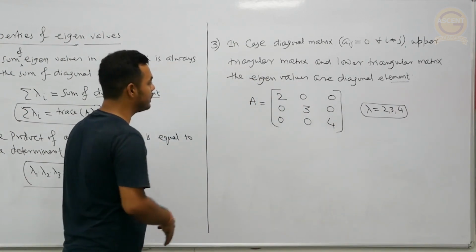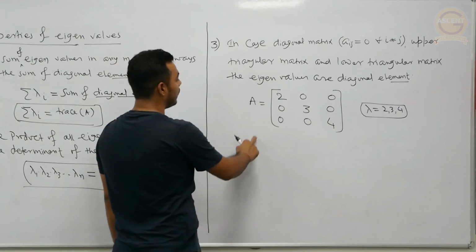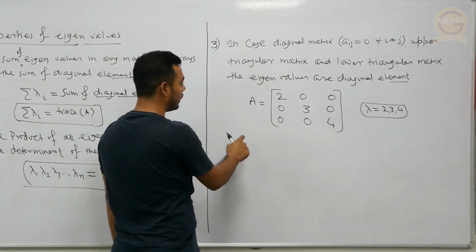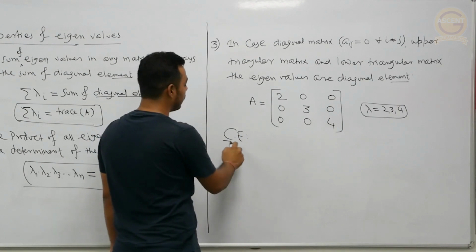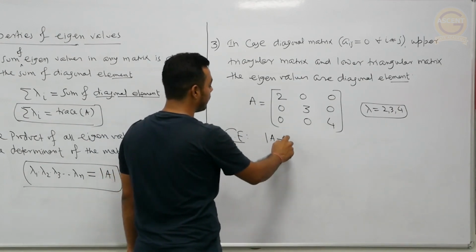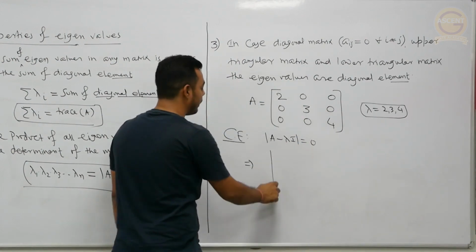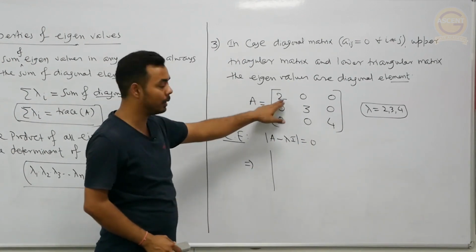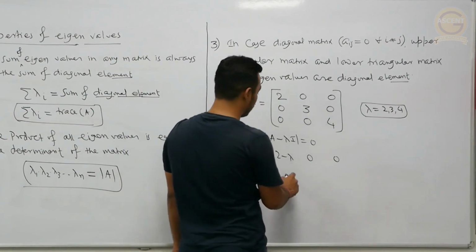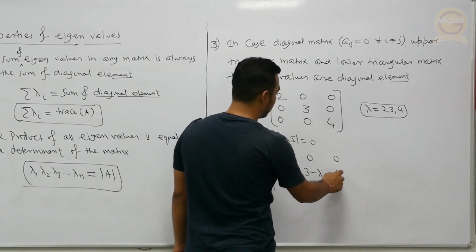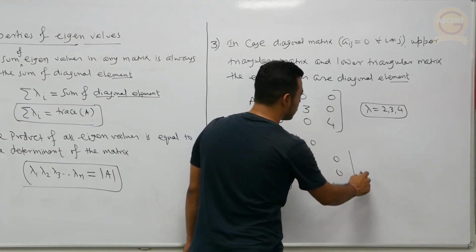And see, it is very easy to verify this property. If this is the matrix that you have, then in order to find the eigenvalues, you have to solve the characteristic equation. Now the characteristic equation is nothing but determinant of A minus lambda I equals 0. So this means we have to subtract lambda from the diagonal elements. So I will get 2 minus lambda, 0, 0, 0, 3 minus lambda, 0, 0, 0, 4 minus lambda, and this equals 0.